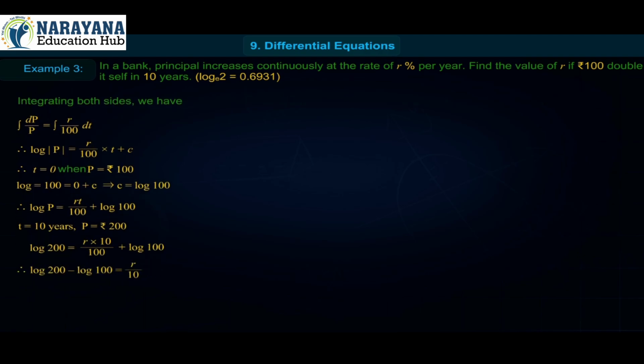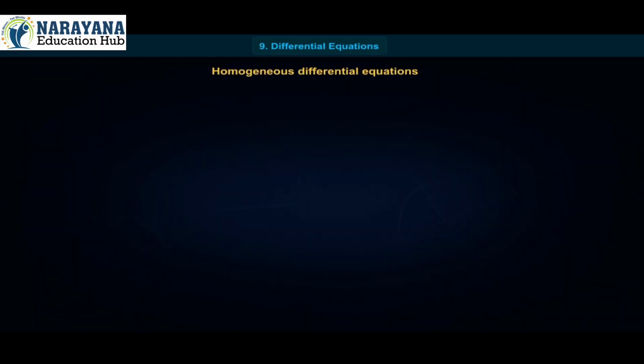Therefore, log 200 minus log 100 is equal to r upon 10. Therefore, log 2 into 10 is equal to r. Therefore, r is equal to 0.6931 into 10. Therefore, r is equal to 6.931.